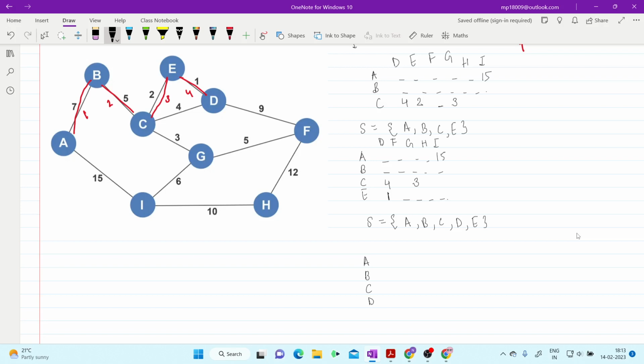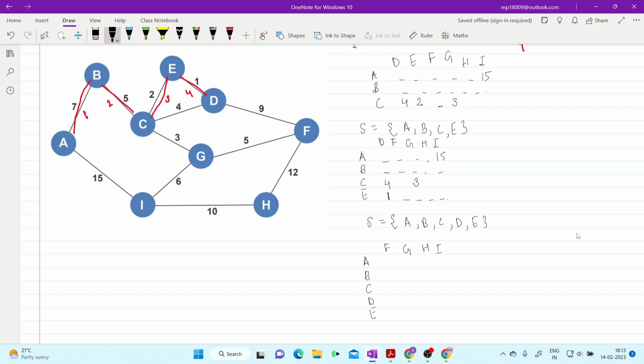So A, B, C, D, E, and F, G, H, I. So now what is the next edge?